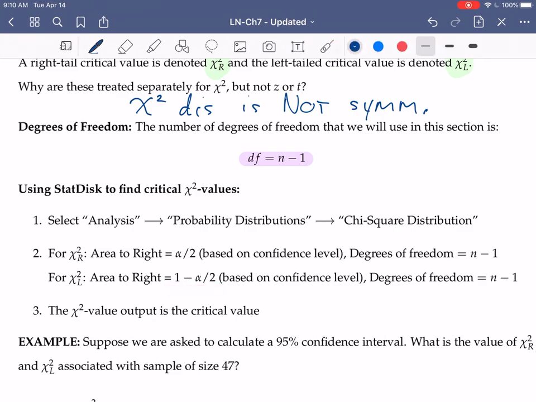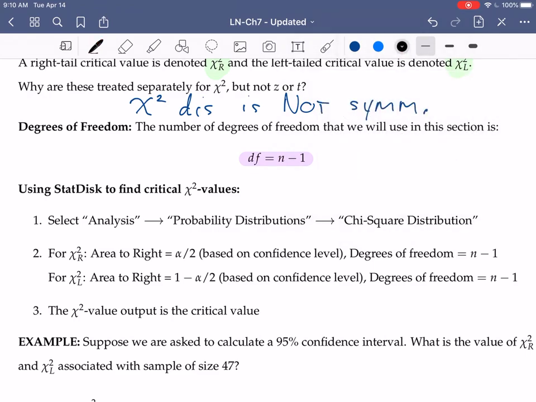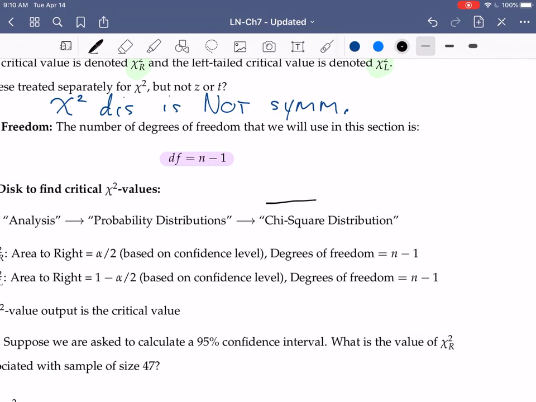Right? And so let me draw a quick example of a chi-squared distribution. All right, so we have this chi-squared distribution. If we're calculating a 95% confidence interval, what we're saying is we're looking at this middle area that has 95%.